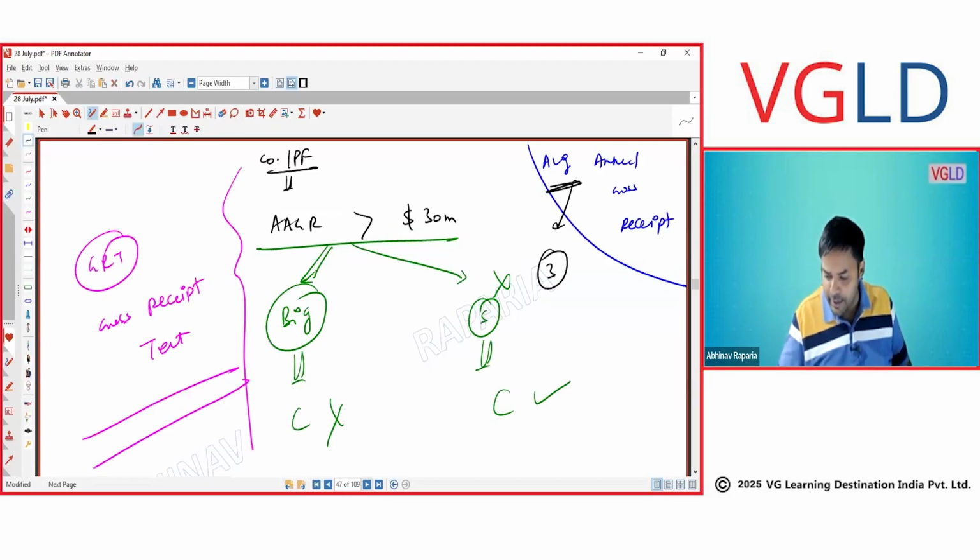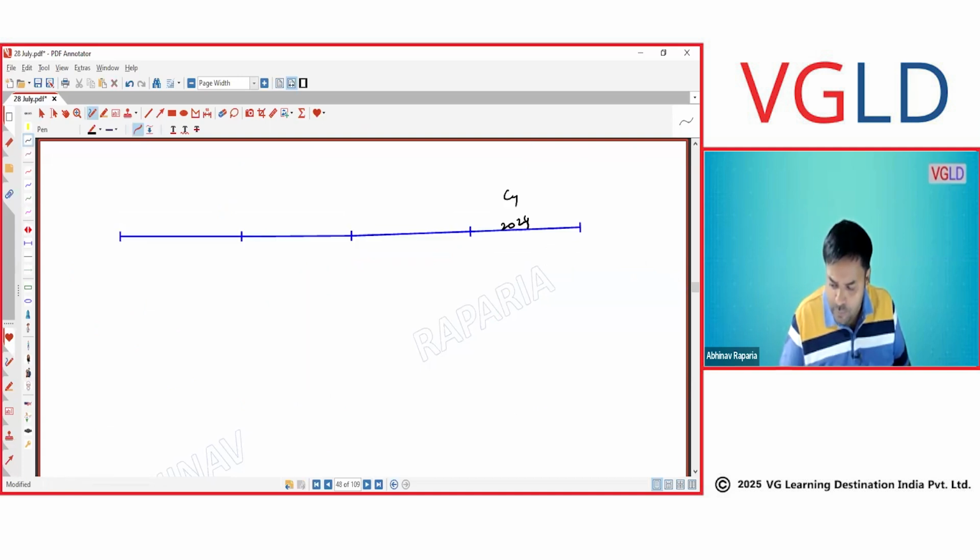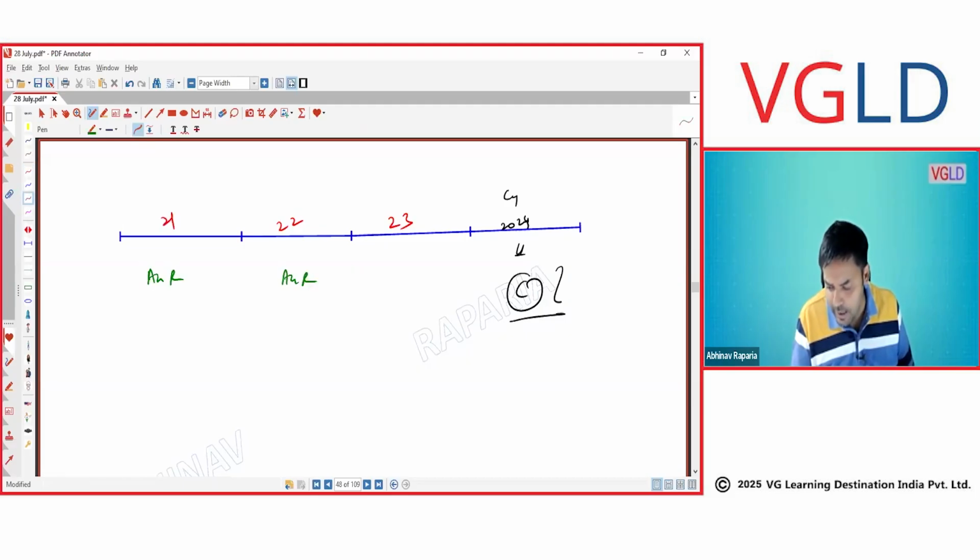So if my current year is 2024 and I want to know whether I can follow the cash method here, I'll go back 3 years, that means 23, 22, 21. In this case, we'll find out what your annual gross receipt is. Let's say this is coming 33, 39, and 30.